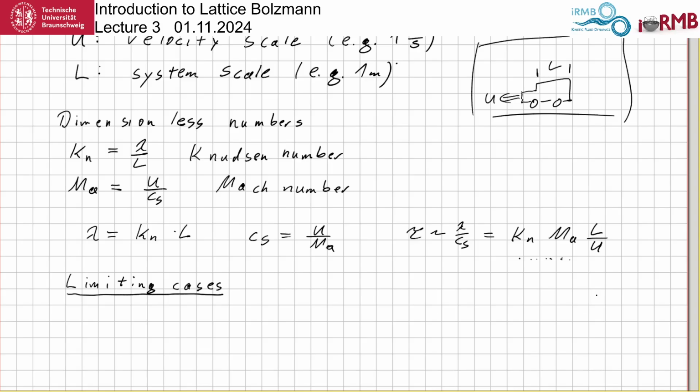So the Boltzmann equation, of course, contains much more information than we want to use for doing just fluid dynamics. So in order to get to the fluid dynamics, we have to make some limiting assumptions, and these are in particular two, namely we go into continuum.